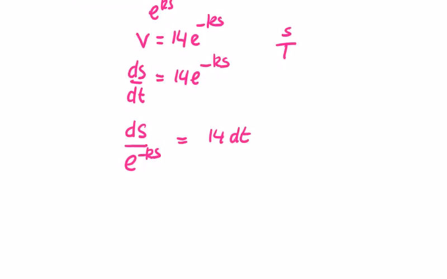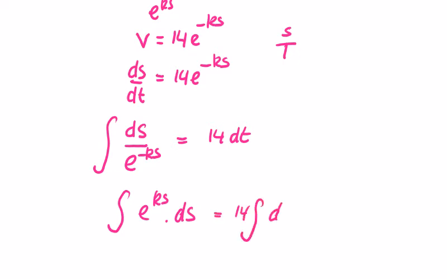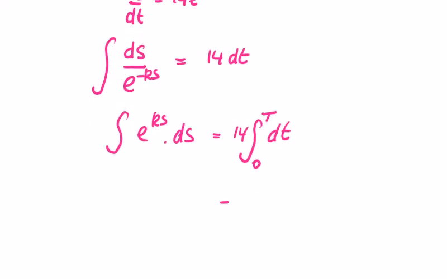So I can put the integral in here, do it one step, or tidy it up and say e to the power of Ks ds is equal to the integral, or 14 times the integral of dt. And that's the big T we're looking for. So on the right, we're going to get 14t minus 0. And on the left, we're going to have 1 over k.